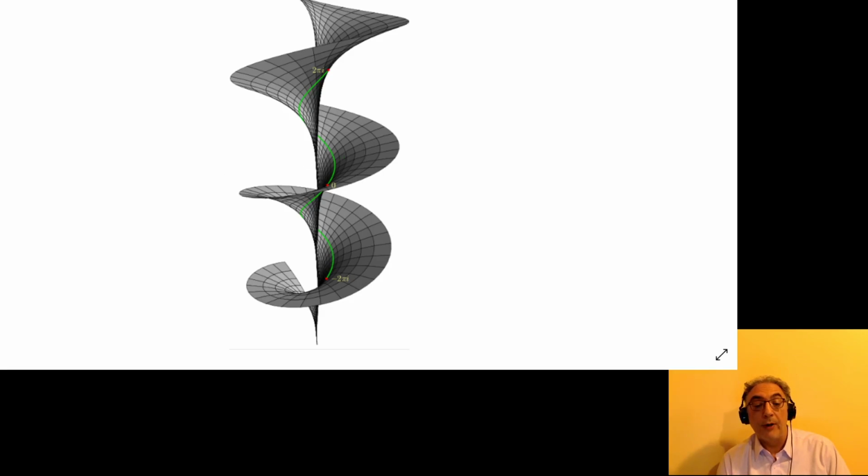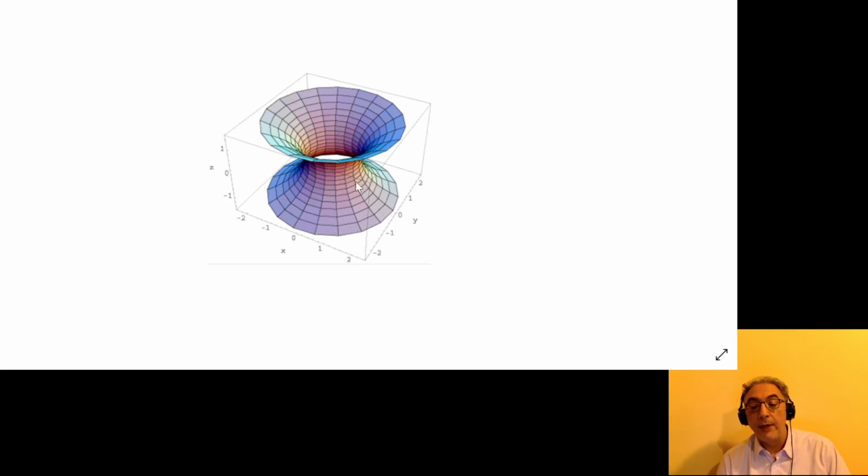This is not possible globally because these two surfaces are not homeomorphic to each other. They are topologically distinct because exactly of the fact that the catenoid bears this hole in the middle. So it's multiply connected.